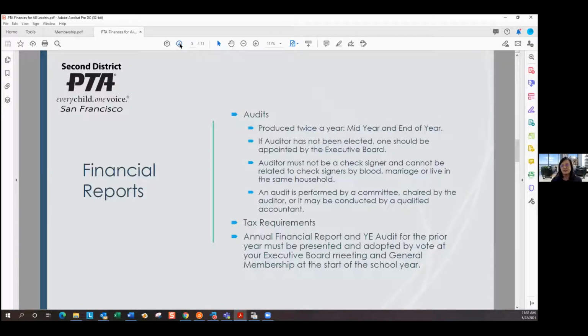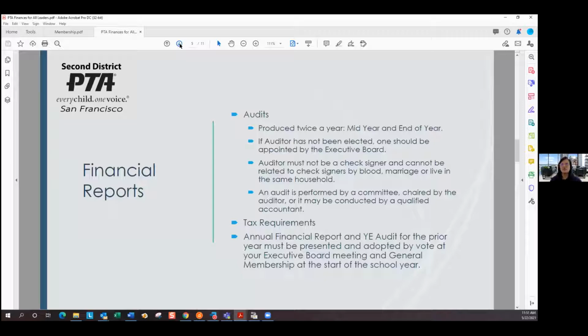Audits, that's very important. The audits are done twice a year, mid-year and year-end. And if an auditor has not been elected, one should be appointed by the board. And the auditor, again, cannot be a check signer and cannot be related to any of the check signers by blood, marriage, or live in the same household.